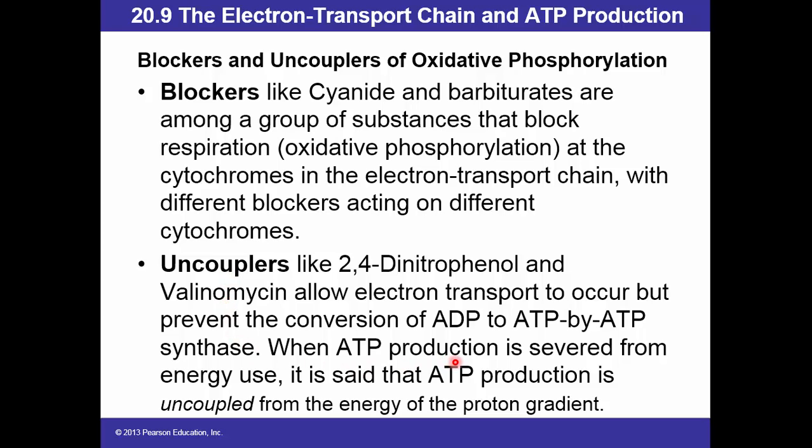When ATP production is severed from energy use, it is said that ATP production is uncoupled from the energy of the proton gradient. However, the effect of uncouplers is temporary. If the uncoupler is removed, then ATP production is resumed.